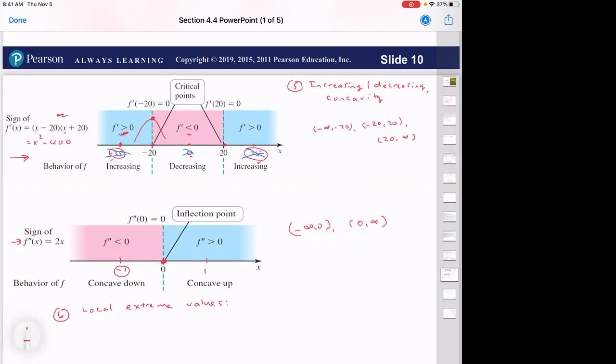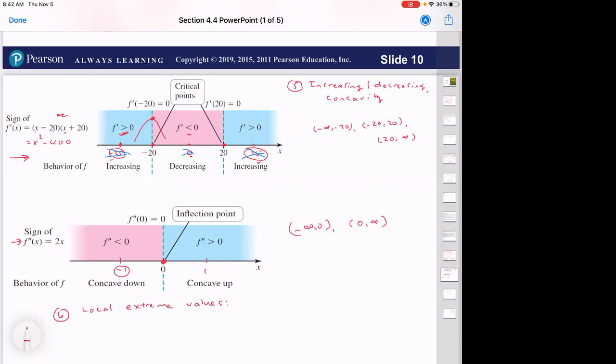Agree with me? That's also called the first derivative test. You should have that from previous class. If the derivative changes from positive to negative at some critical point, the function has a local maximum at that point.